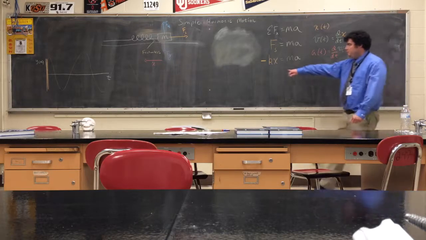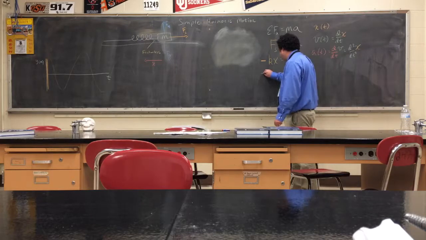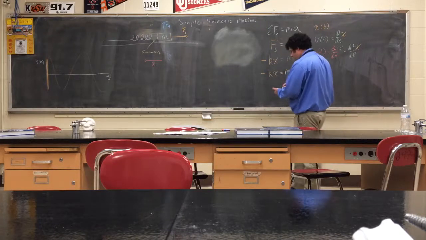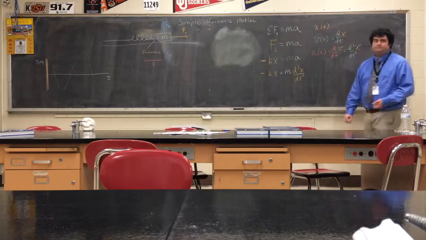So I could rewrite this as minus kx equals m d squared x dt squared.